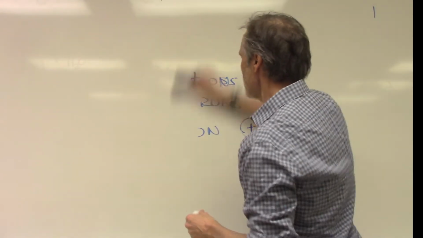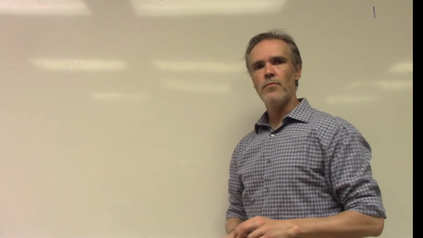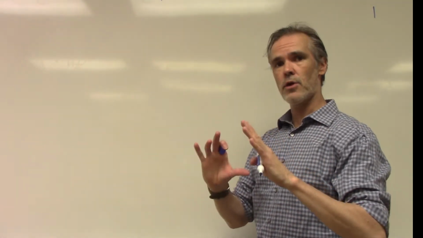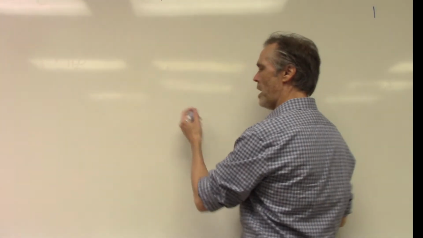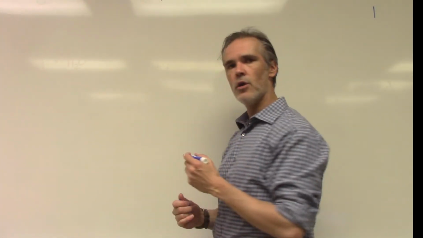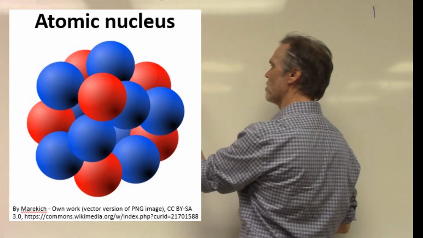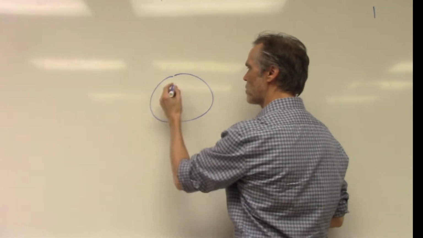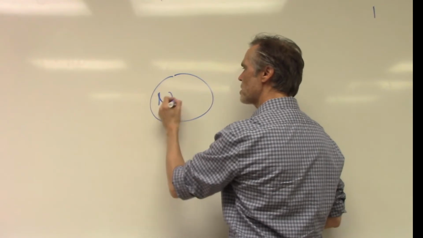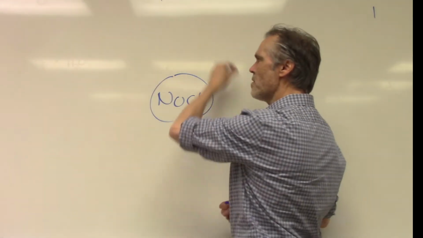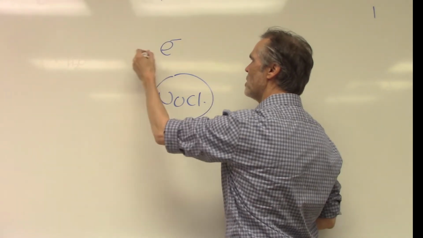Now, when we're looking at the structure of an atom, we know that there are two parts. The first part is something that we call the nucleus. So we would have something like this: in the middle we have the nucleus, and then around that we have electrons.